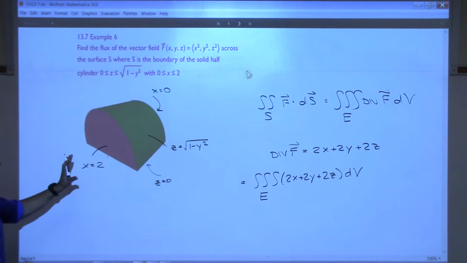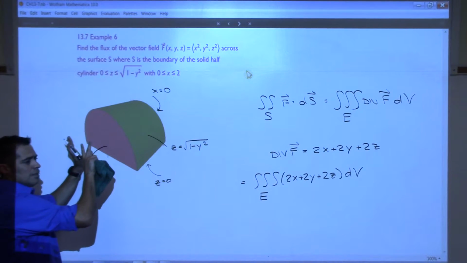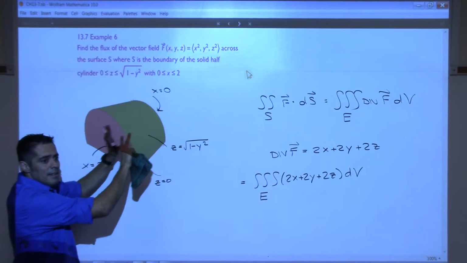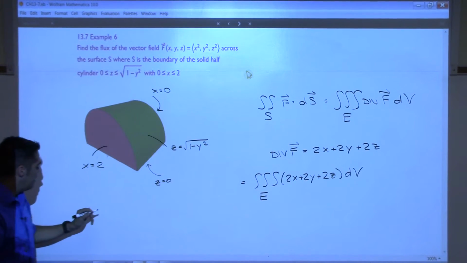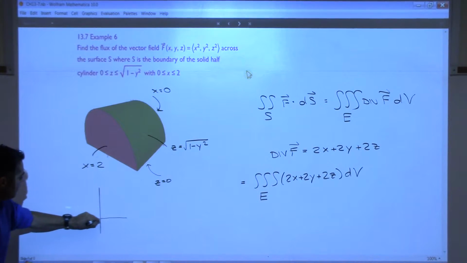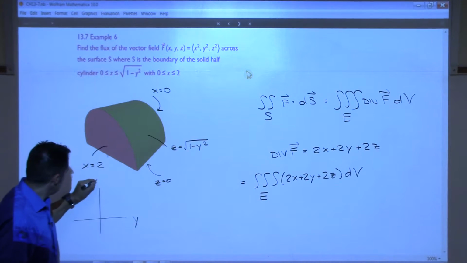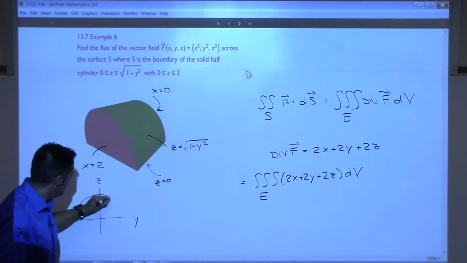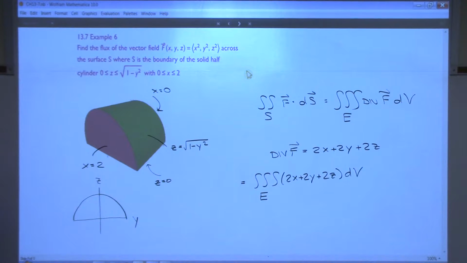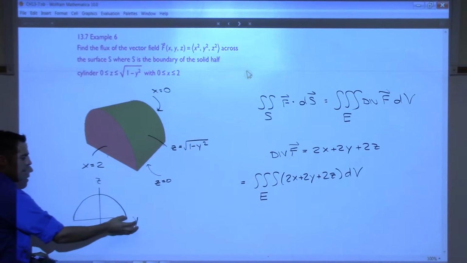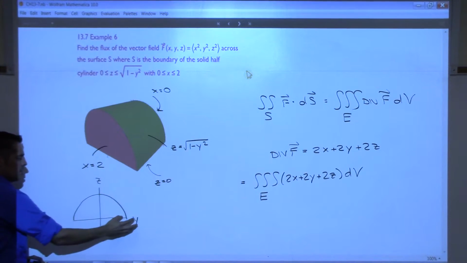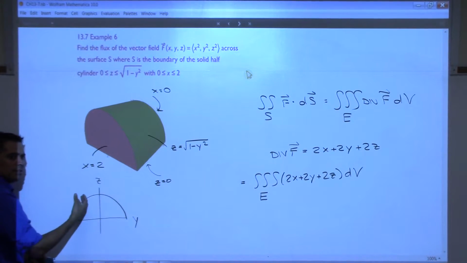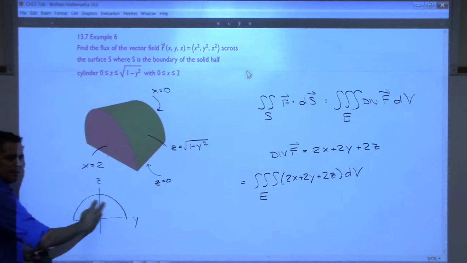Now what I'd like to do is I'd like to project this image onto the YZ plane, okay? Just so you can have an idea of what it looks like in the YZ plane. It's going to be the top half of this circle, right? That's a projection on the YZ plane. So I should be able to look at the Y and Z and look at this region as in cylindrical or in polar, right?